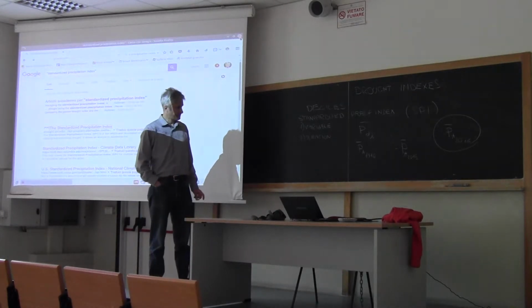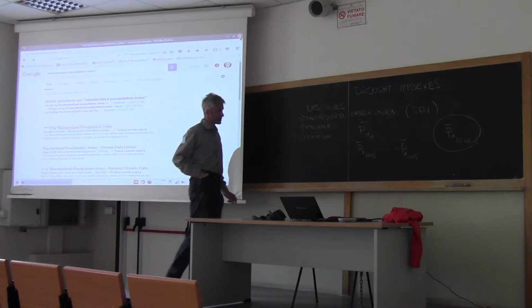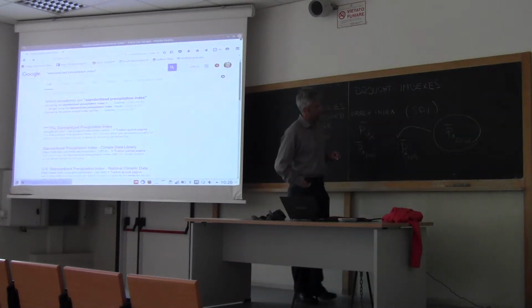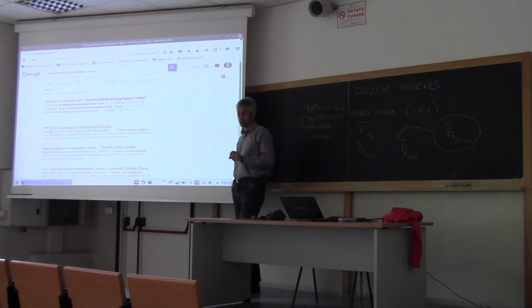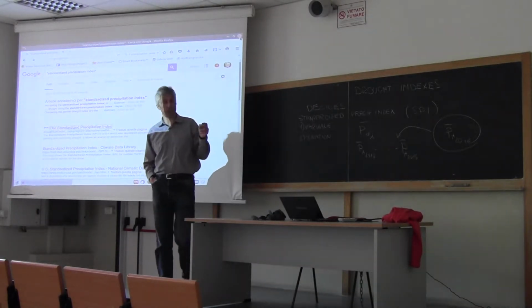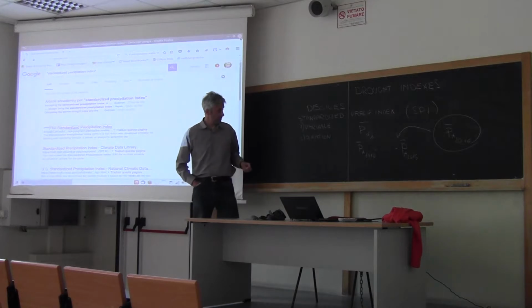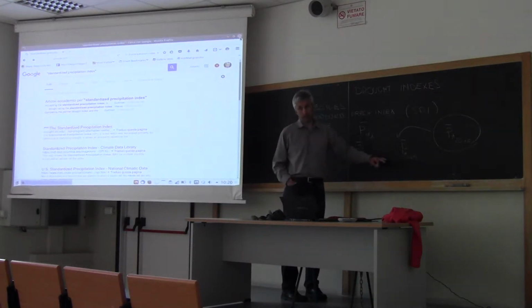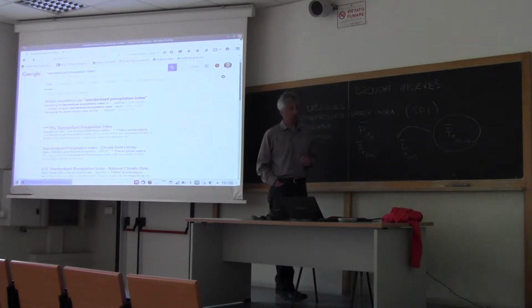And then what you do is compare the magnitude of precipitation in August in the given year with the probability distribution of these events.